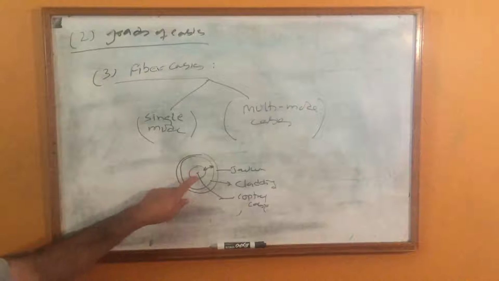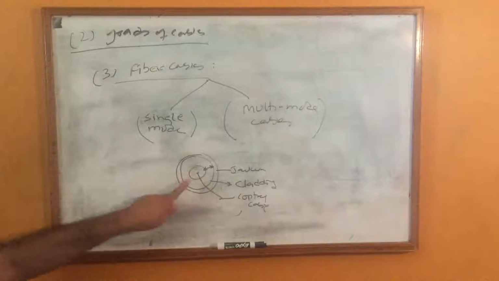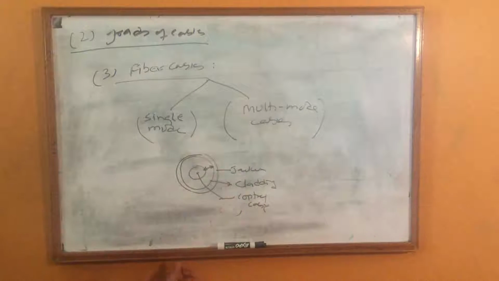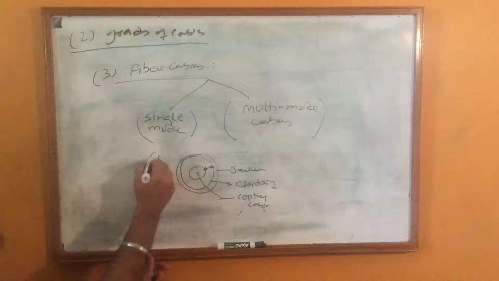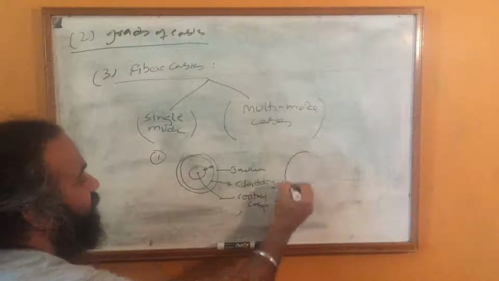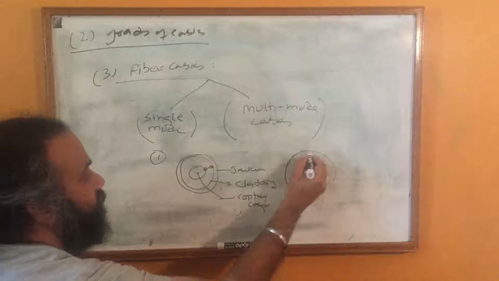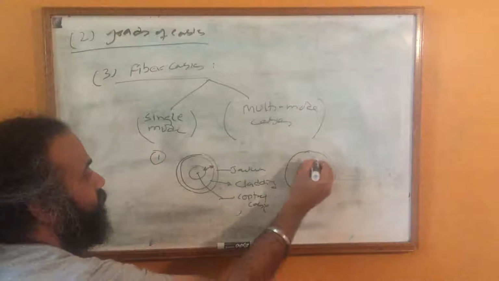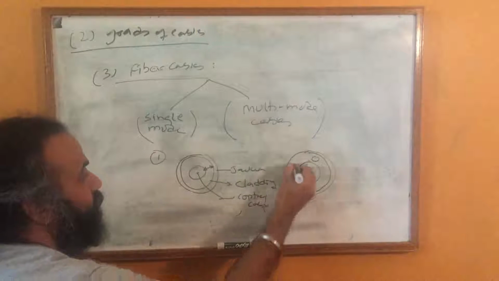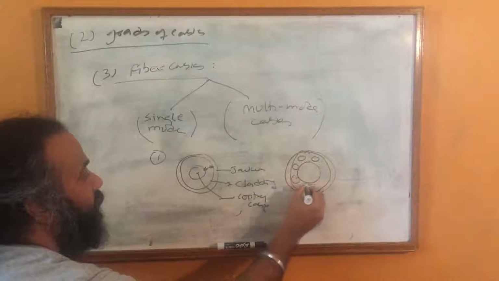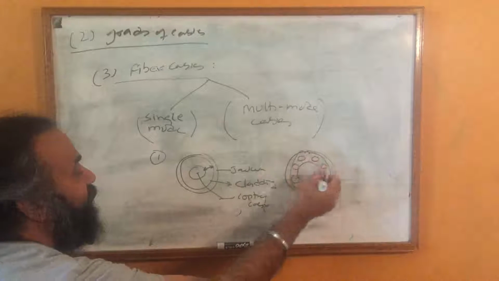So there is only one strand or one single wire, but that doesn't mean that it's single mode. They actually come in different flavors. This is one of the flavors. The other flavor you will see is like this. This doesn't mean that it's a multi-mode fiber.